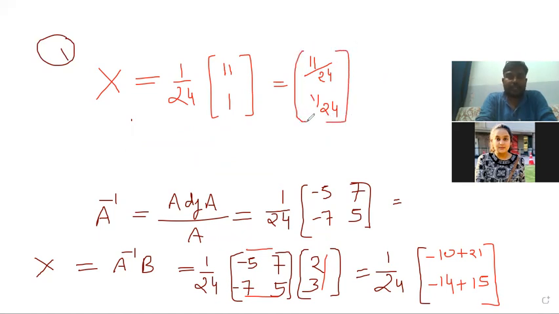In the beginning we wrote that X is the matrix of x and y, and this value is this matrix, 11/24 and 1/24.